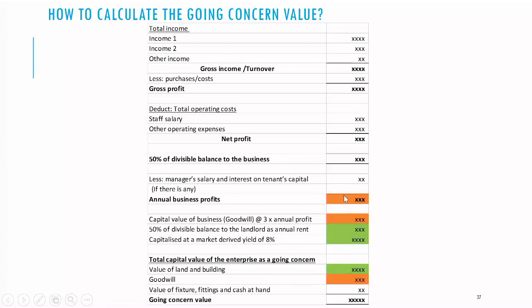This is the annual business profit. So when you calculate the going concern value, this is that part. Capital value of business goodwill, 3 times, goes for 3 years. And 50% of the divisible balance goes to the landlord as annual rent, and you capitalize at market, because that's the value of the property: rental income divided by cap rate.